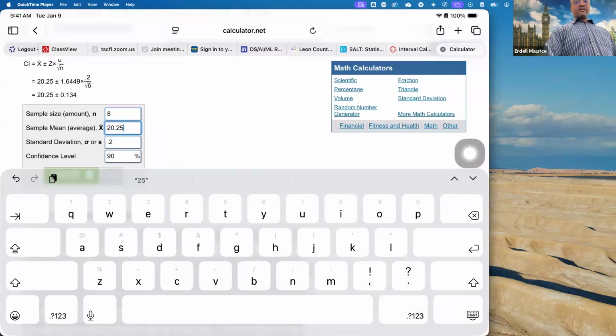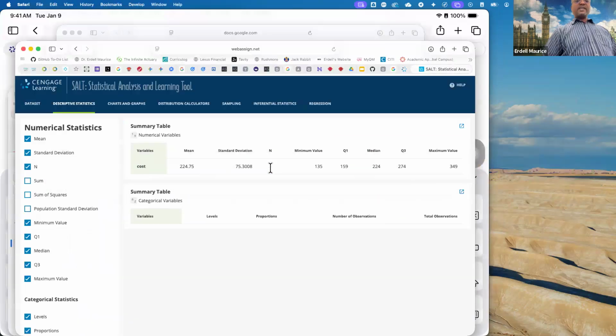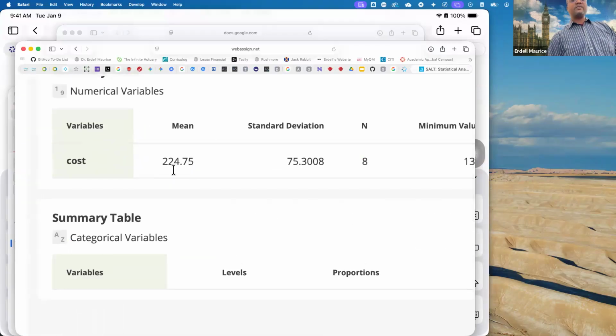So if I come back over here, you can see that the average was, where is the average? Oh, there it is. 22.4.75. The standard deviation is given to us in the problem as 85.